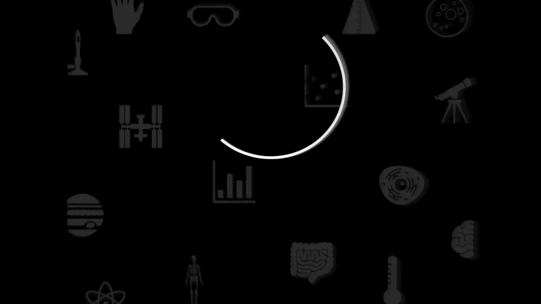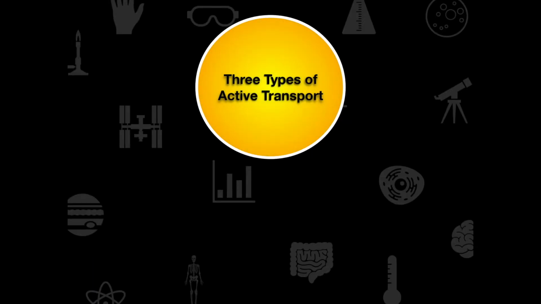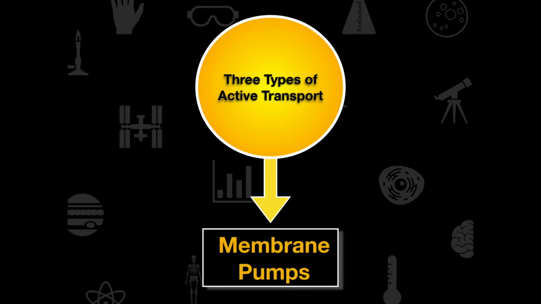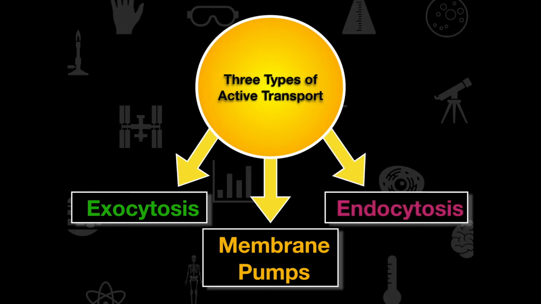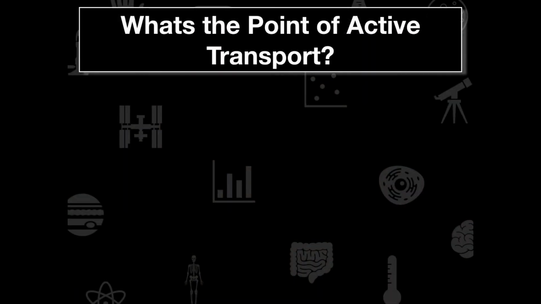So when we're thinking of the three types of active transport, we have membrane pumps, which we just looked at. We also have exocytosis and endocytosis, and this is for bulk transport of things across the cell. So what is the point of active transport?